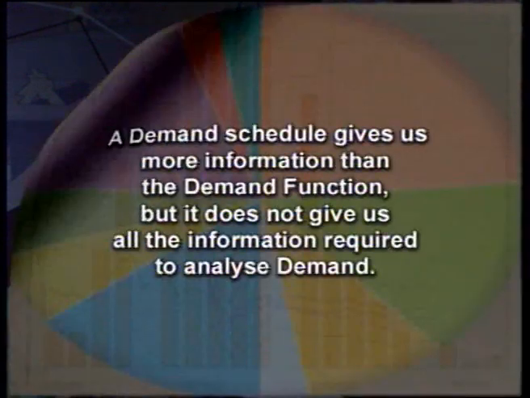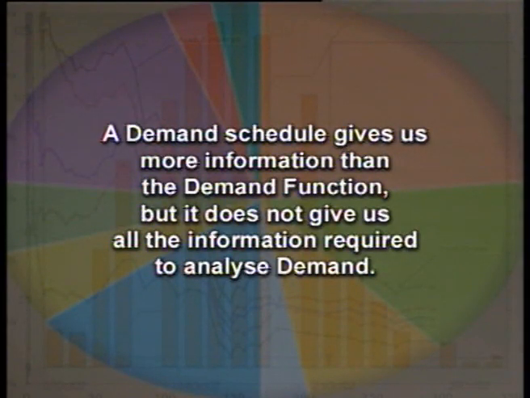A schedule shows us at various prices what are the quantities that will be purchased, but it does not tell us what is the price that exists in the market. So, a demand schedule gives us more information than the demand function, but it may not give us all the information to analyze demand in more detail.